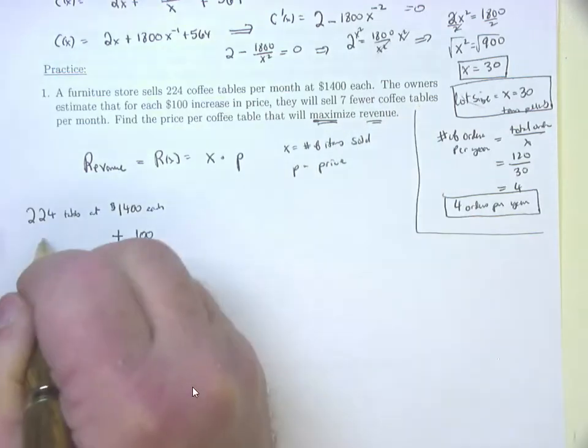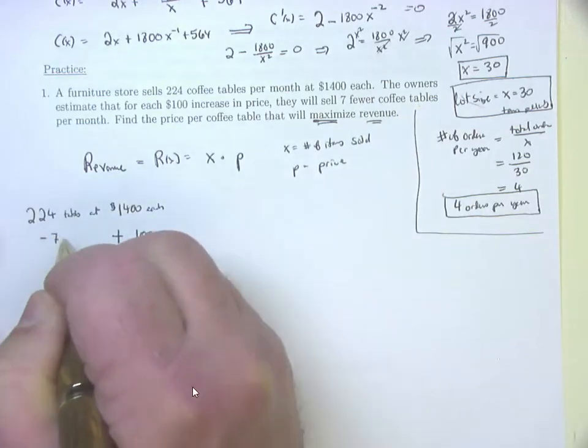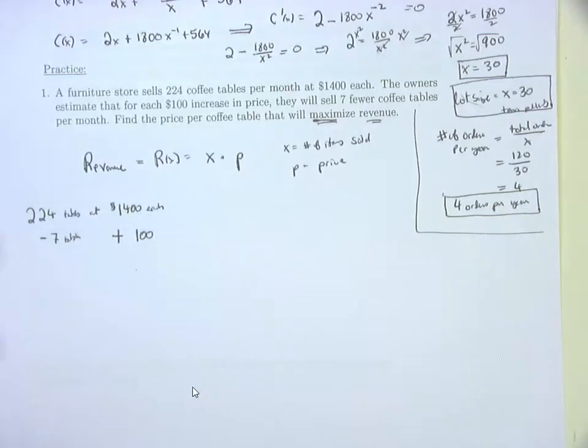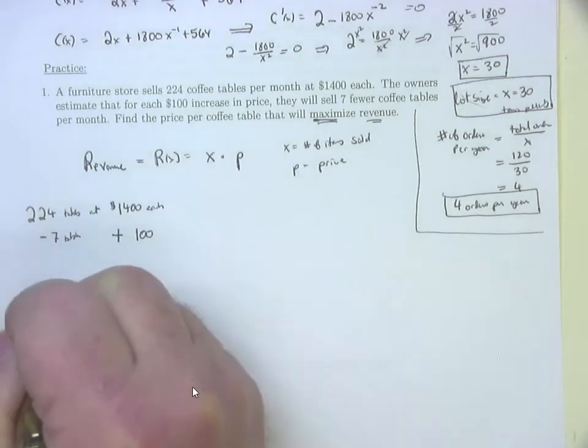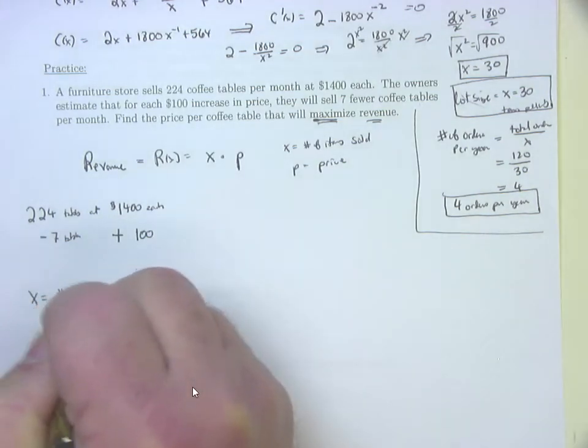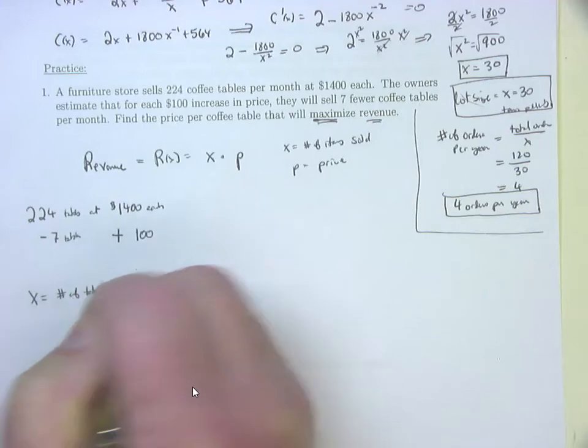They're going to lose 7 tables. Does that make sense? For each $100 in price that they increase, they're going to lose 7 coffee tables. Okay? So, question. X is equal to the number of tables you're going to sell.